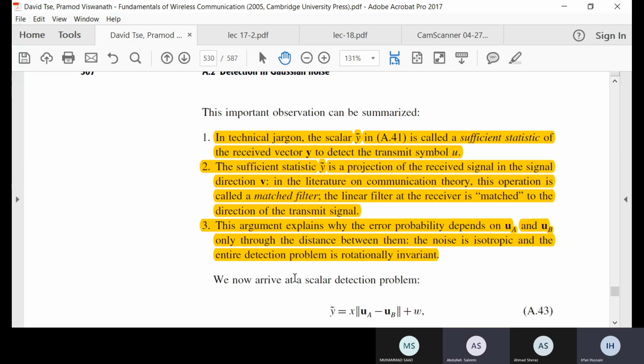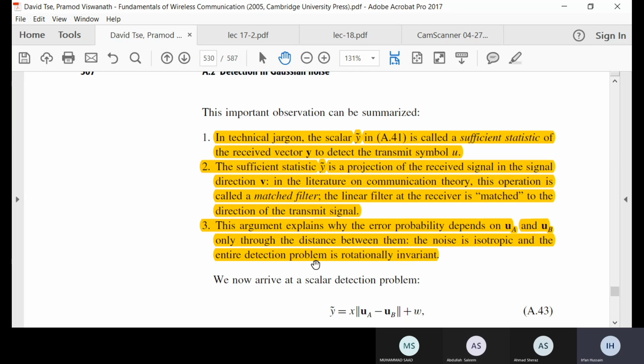An exact vector representation will be a vector starting from B and ending at A. So you have to project your received vectors onto these V vectors to get the scalar projection on which you can make your decisions, or your detection decisions.